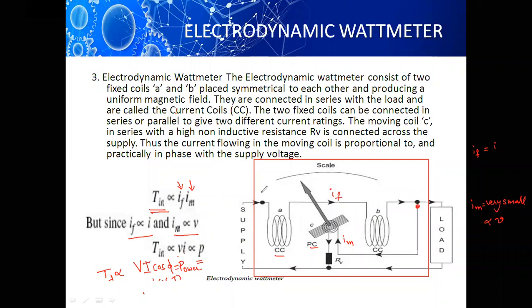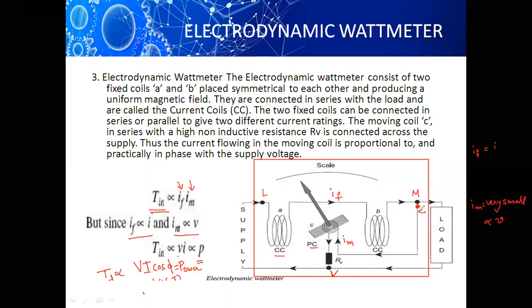So for this, here we have M, this is L, this is common, and this is V for this connection. So we have two terminals as M and L and two terminals as C and V.